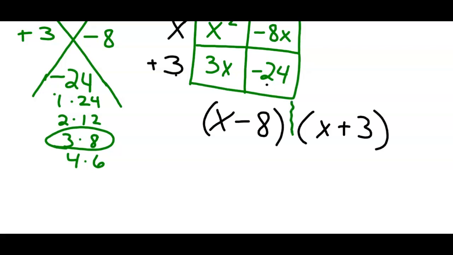And so what we did second semester was we separated this because there's 2 things being multiplied, right? These are 2 separate things. And we want to know what number makes this 0, and we want to know what number makes this 0.